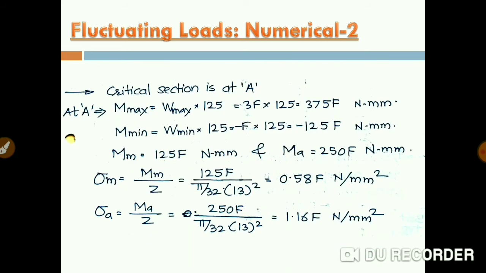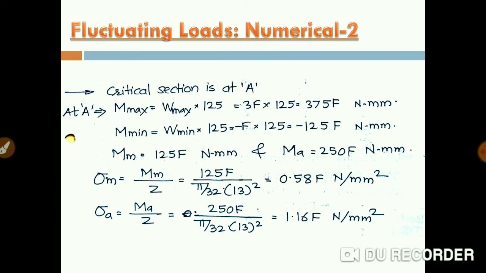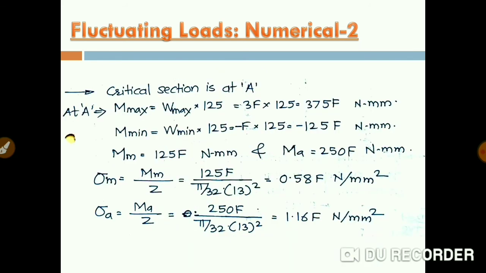At A, the moment M is equal to W into the distance. W max and 125 is the distance. So M max is 3F into 125. Similarly, M min is minus F into 125.